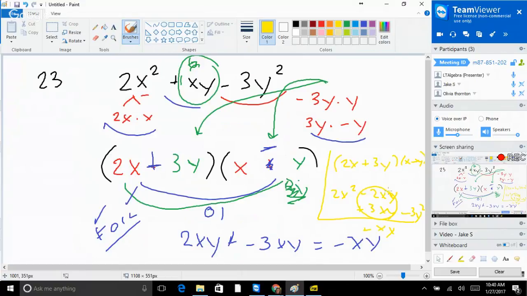All right, more examples. You want to do some more? Do you guys want to try one on your own? How about that? Why don't you guys try number 1 in your homework, and then I'll do it on here. So number 1, and I'll write it up on here if you don't have your book.